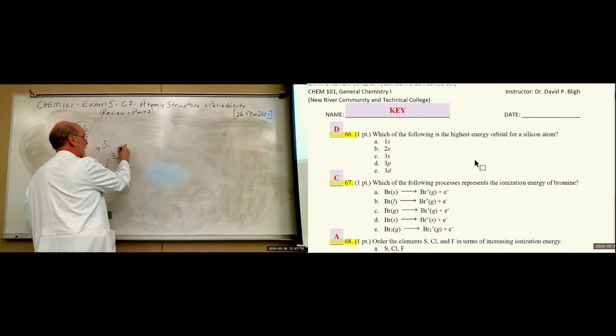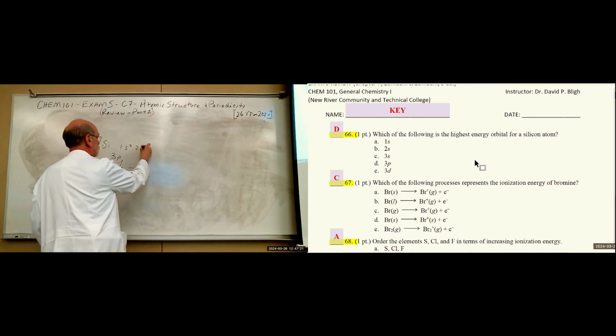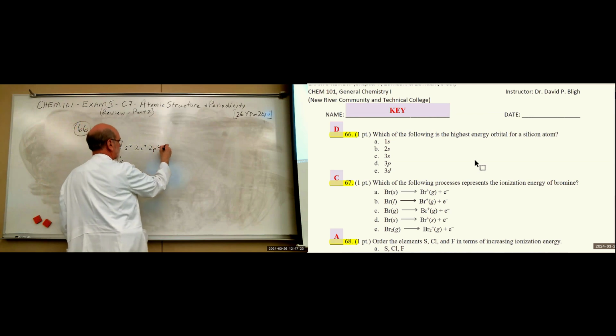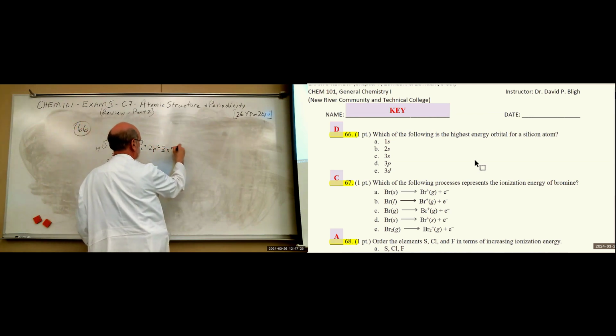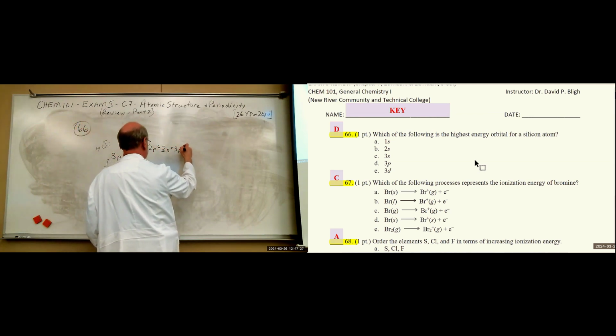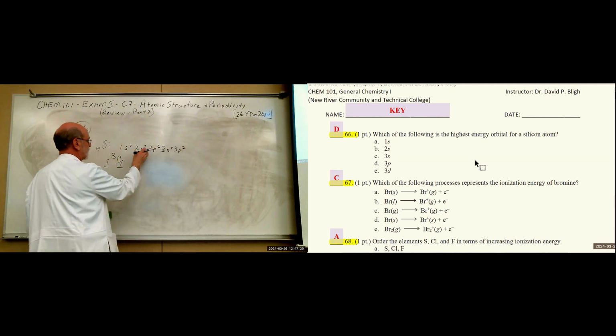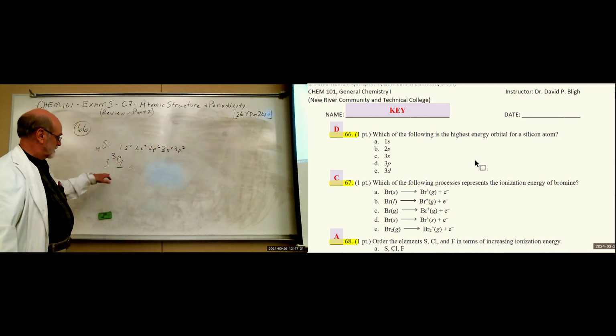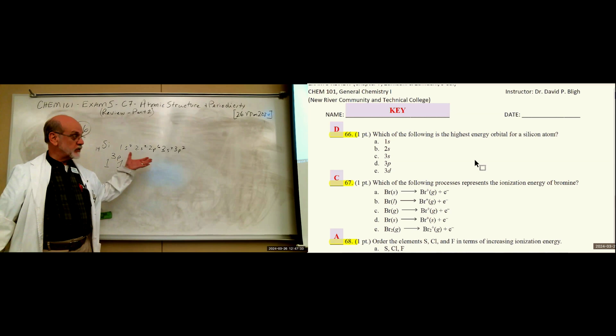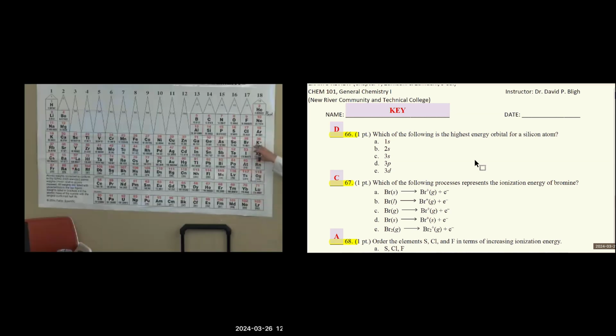If we wrote the whole thing out, right, 1s2, 2s2, 2p6, 3s2, and 3p2. 2, 4, 10, 14. So this is the highest one, and I deduced that by where it is in the periodic table. Right, the highest energy would be here.